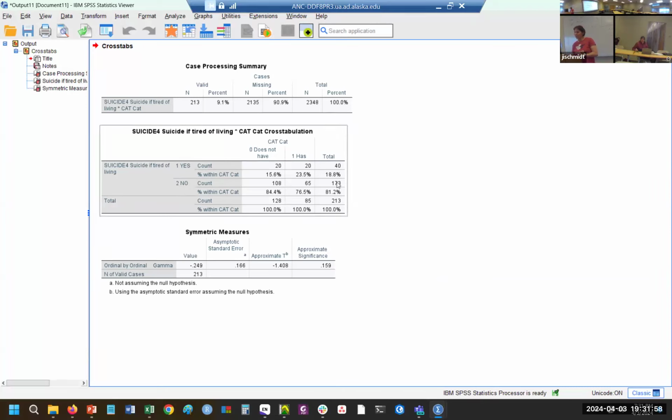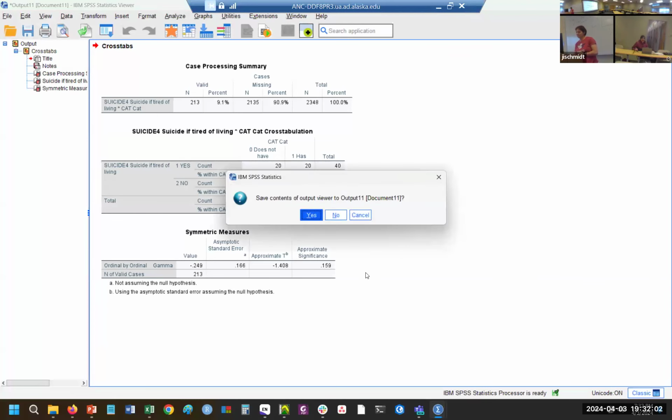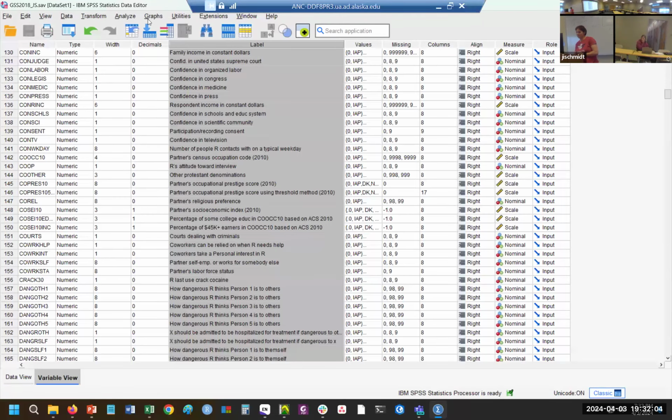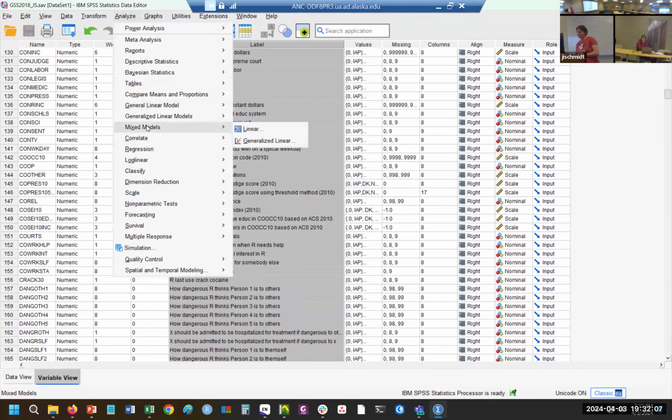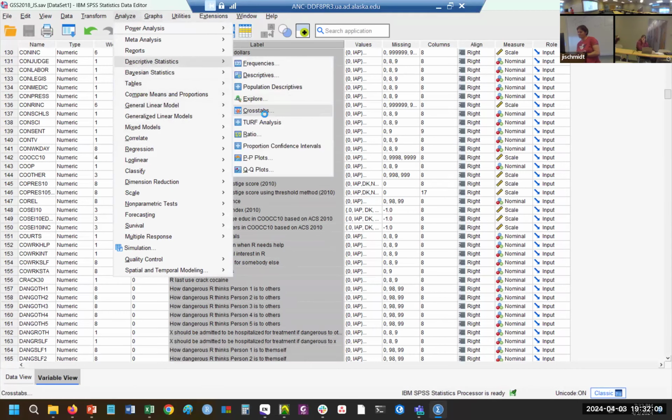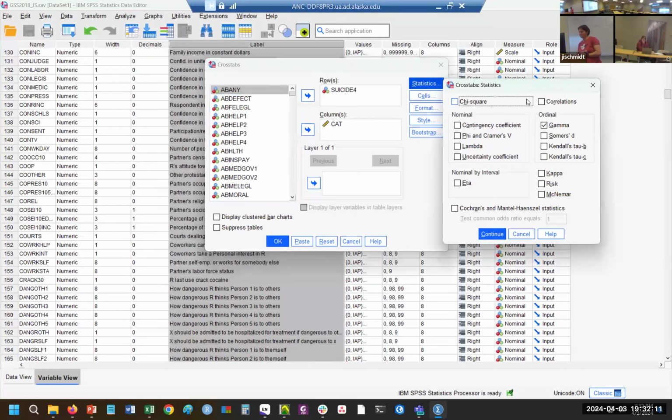What would be the appropriate statistical test to do for this? Maybe gamma?